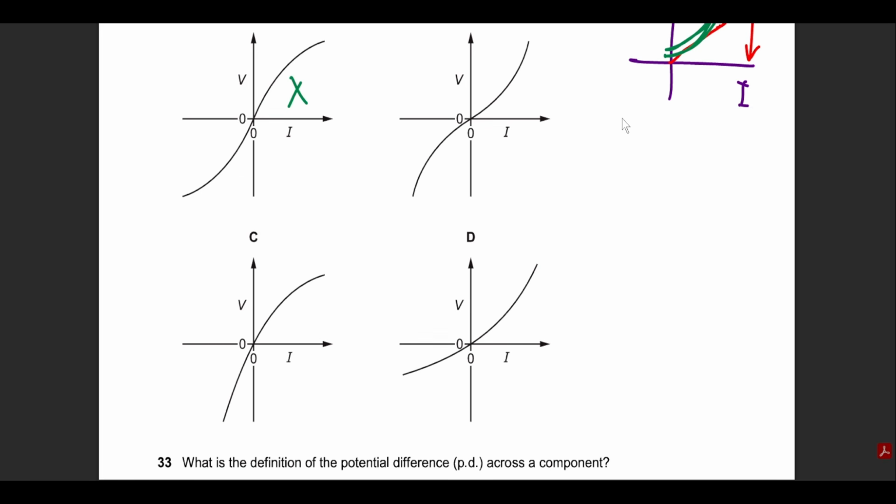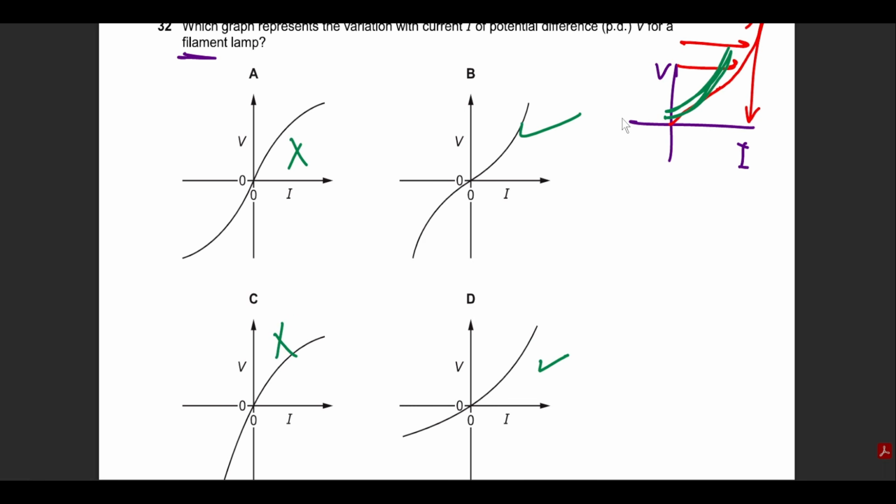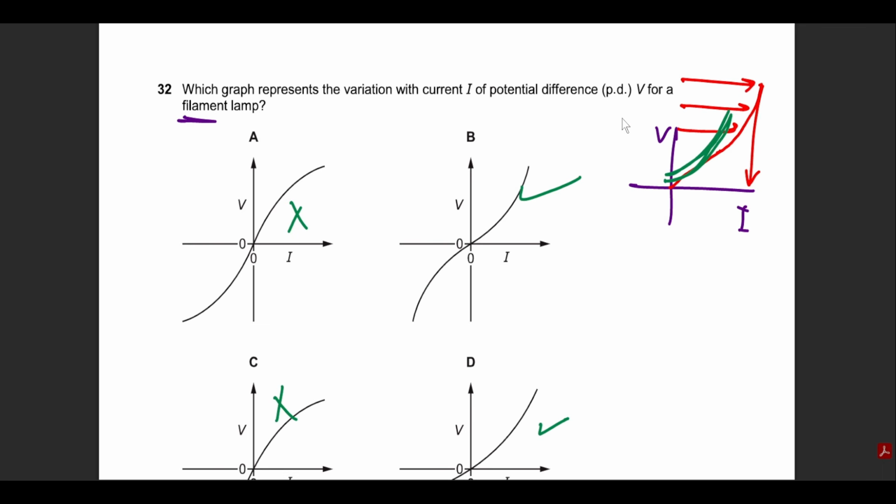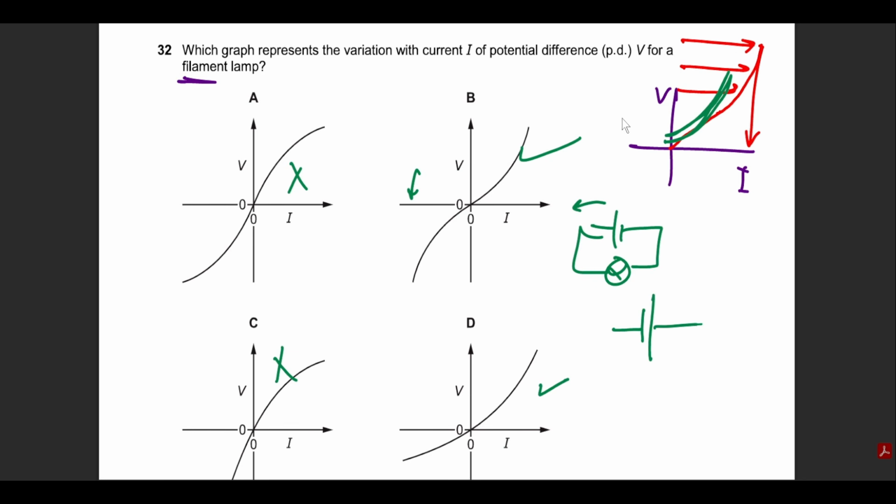So this fails, this passes, but this also passes. So what could be different? You see, a filament lamp, since the behavior on the other side actually suggests that if the battery was connected this way, the current going this way, or the battery was connected this way, so the current is going this way.